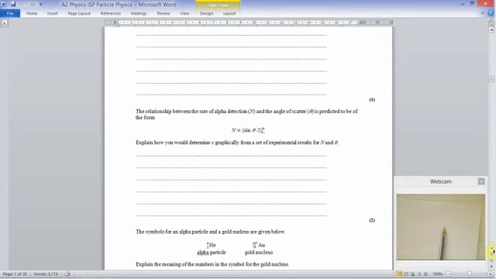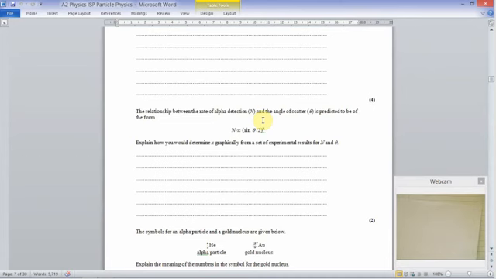So we've got a relationship here. We're being asked how we could graphically plot to prove the relationship between n and theta. So they're saying that n is proportional to sine theta over 2, and all of that is to the power of x. Whenever you want to determine the value of a power, you've got to log something.